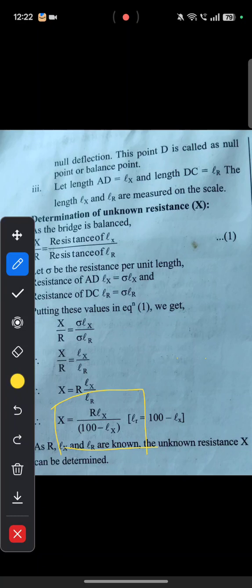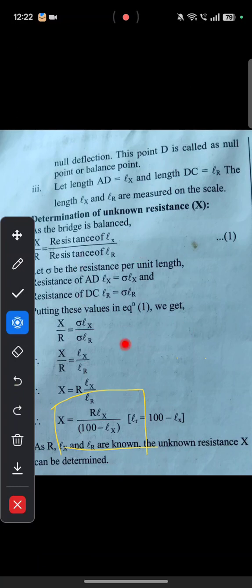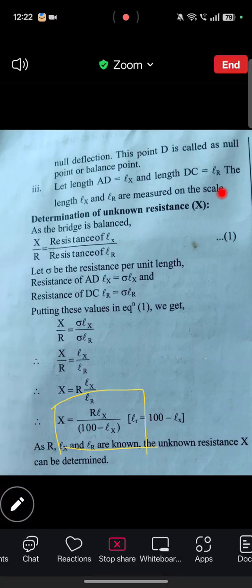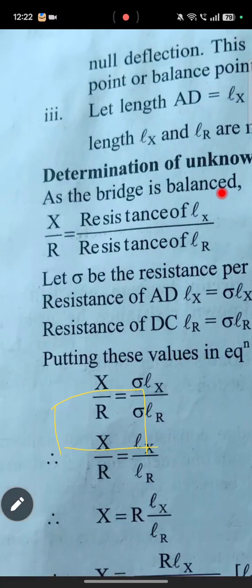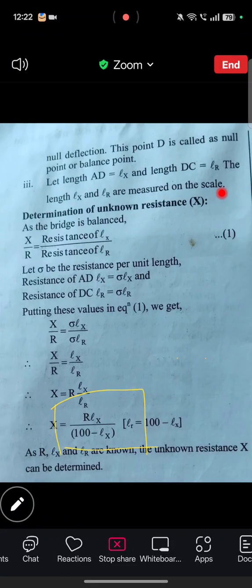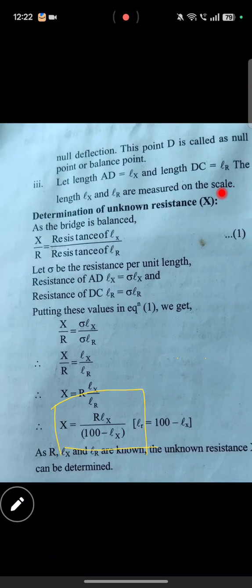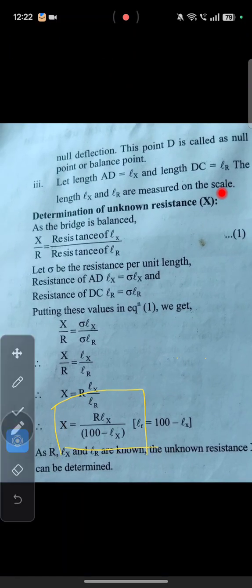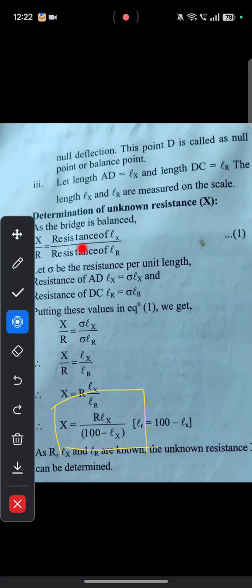You all can see the screen. See this. As I already explained, the meter bridge experiment is based on the Wheatstone network.